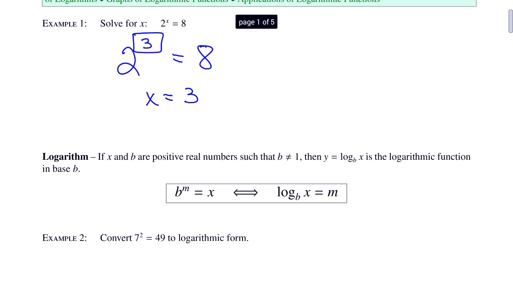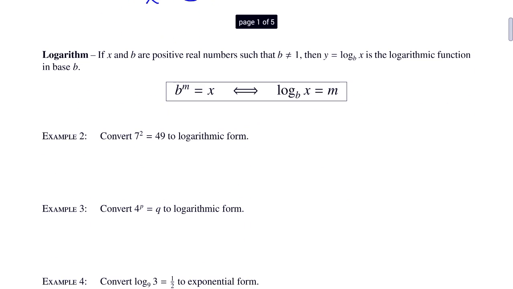Here's the definition. If x and b are positive, real numbers, such that b is not equal to 1, then y equals log base b of x is the logarithmic function in base b. Now there is a conversion equation that goes from exponentials into logs.